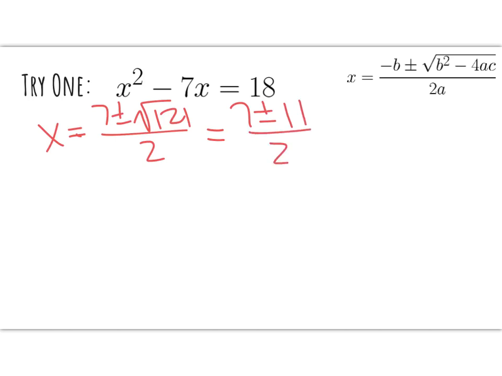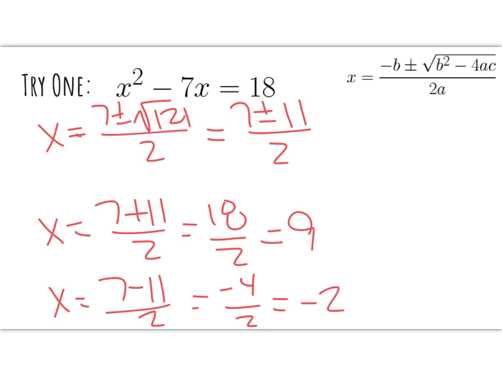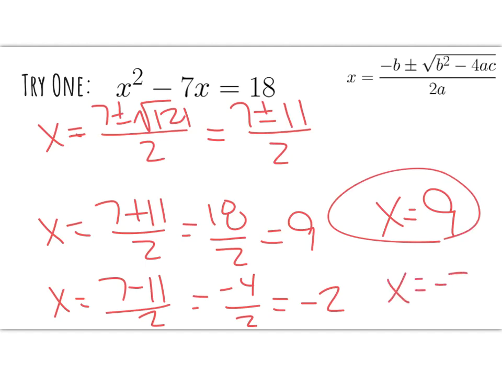And so our two possibilities are that x is equal to 7 plus 11 over 2, or 18 over 2, which is 9. Or, follow the negative path, 7 minus 11 over 2, that's negative 4 over 2, and that's negative 2. Our solutions are x equals 9 and x equals negative 2.